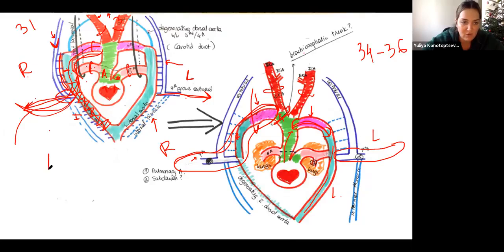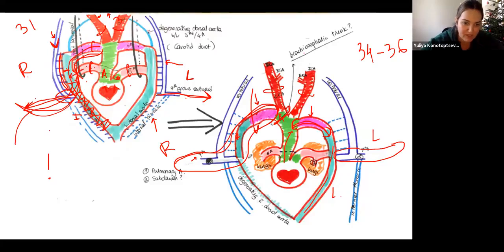If in the anatomy or in embryo they will ask you, that's the explanation, right? So why recurrent laryngeal nerve hooks around subclavian? Because originally it was hooking around the 6 aortic arches or pulmonary arches, but 6 aortic arch on the right side has lost the connection to the dorsal aorta, right?